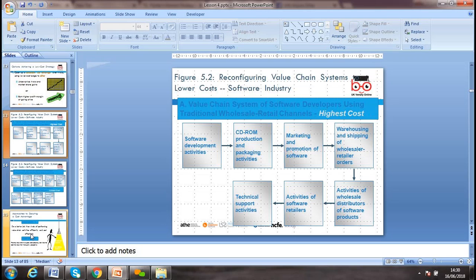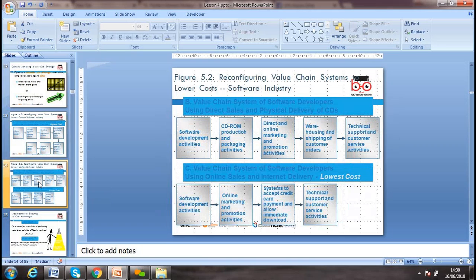For example, the value chain of a software developer using the traditional wholesaler and retailer has the highest cost: software development activity, CD-ROM production and packaging activities, marketing and promotion, software warehousing and storage, technical support activities, activities of the software retailers, and activities of the wholesaler. All of this has to work as a chain to obtain a competitive advantage. So we can focus on lower cost and create value.